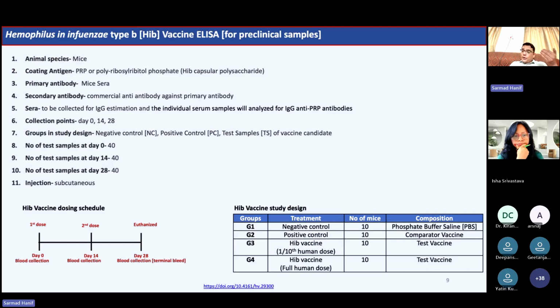Your process was good, your antigen estimation was good, it was 20 microgram, your conjugation process was good, the polysaccharide was conjugated to the protein very tightly and properly, but then your formulation is not good. It is not keeping the antigen stable.